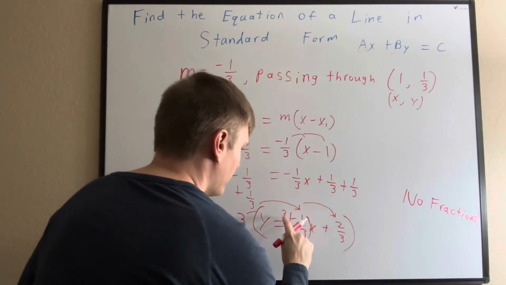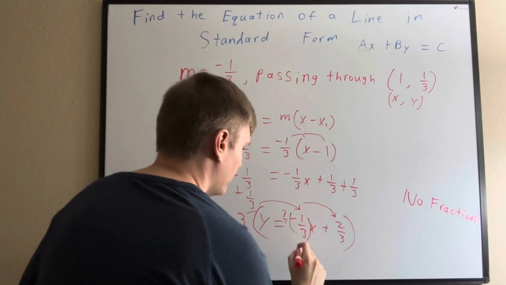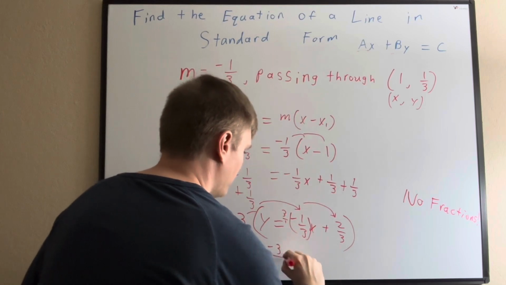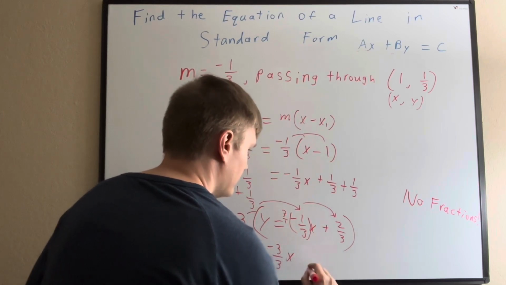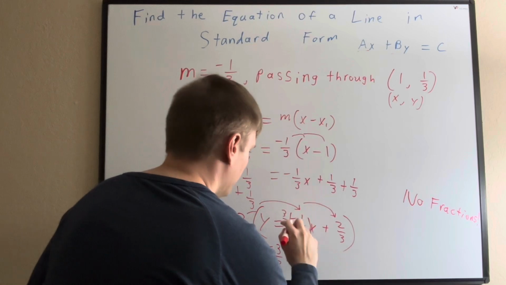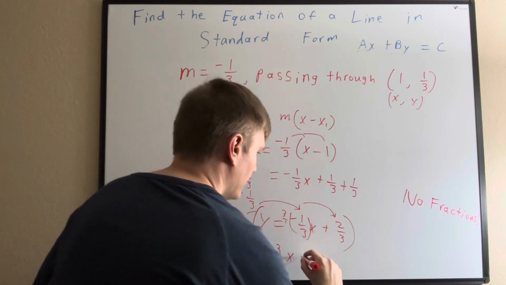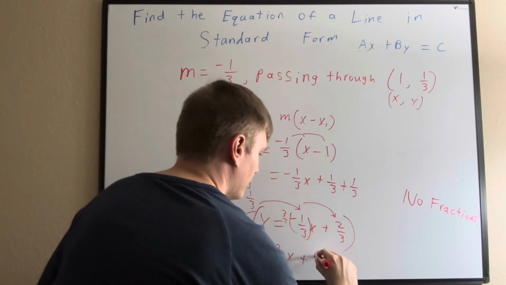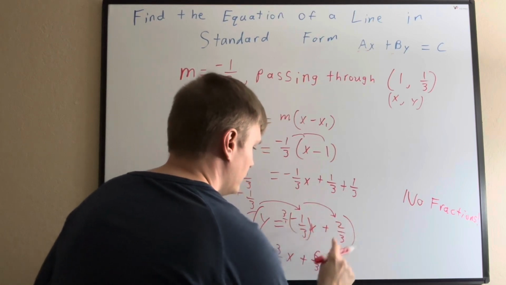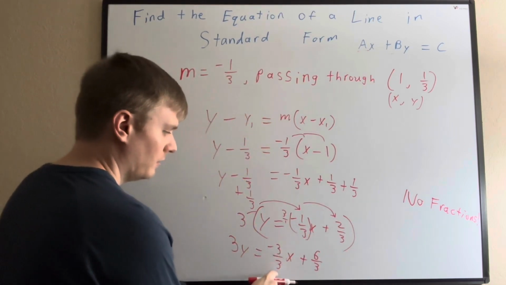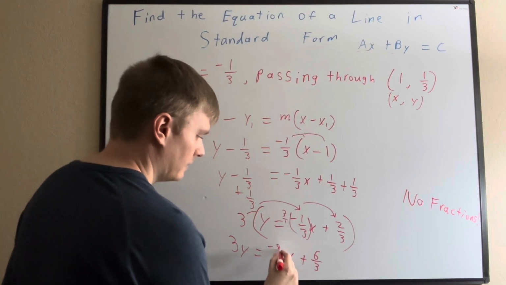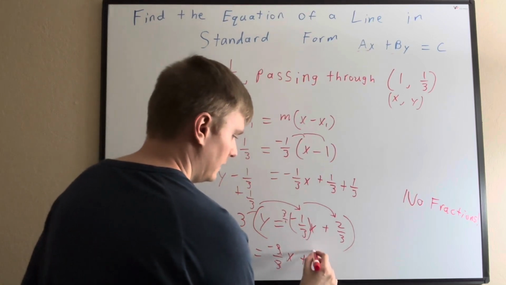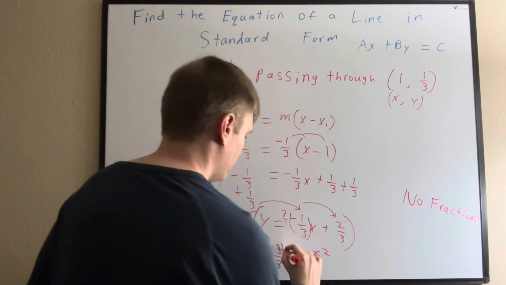Well, 3 is actually getting divided by 3, so it's like negative 3 over 3, right? x, and then 3 times 2/3 is 6 over 3. Well, that kind of cancels out, right? 3 divided by 3 is just 1. 6 divided by 3 is 2.